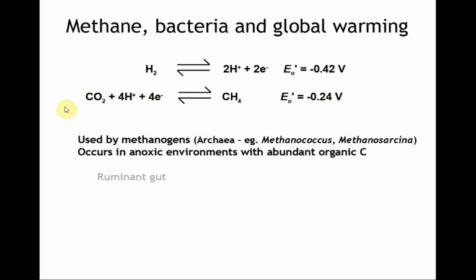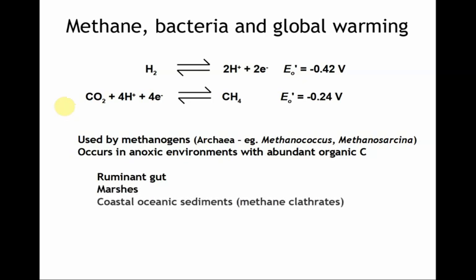Then methanogens will combine these to produce methane. So this occurs a lot in ruminant guts, and that's why animal farming is a significant producer of methane and greenhouse gases. It also occurs in marshes and in coastal ocean sediments.